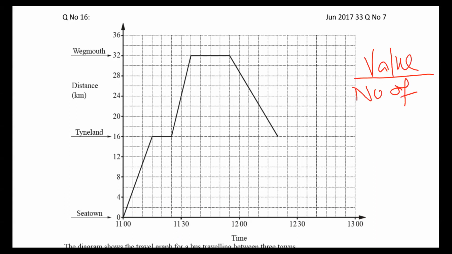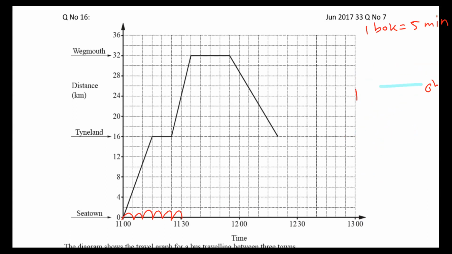The value is 30, and boxes: 1, 2, 3, 4, 5, 6 boxes. So 30 divided by 6 is 5. I can write here on the right side that one box equals 5 minutes. This is very clear. I'm erasing this one.